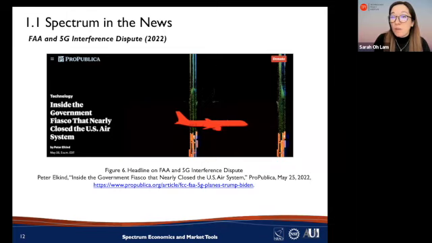So the airlines were concerned that the new 5G users on the C band would interfere with their airplane equipment. And so in 2022, there was a big fiasco that involved the air system, the wireless companies, and it did go all the way up to the president.